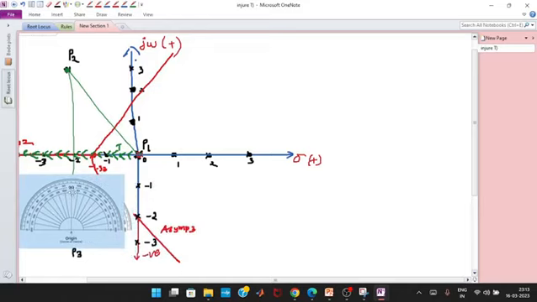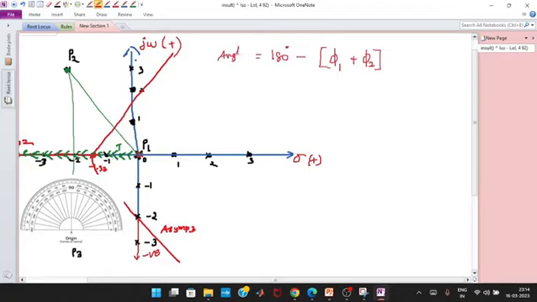P3 and P2 lie on the real axis. The angles will be phi 1 and phi 2. Both values you add up, and then subtract from 180 degrees in order to find the angle of departure.